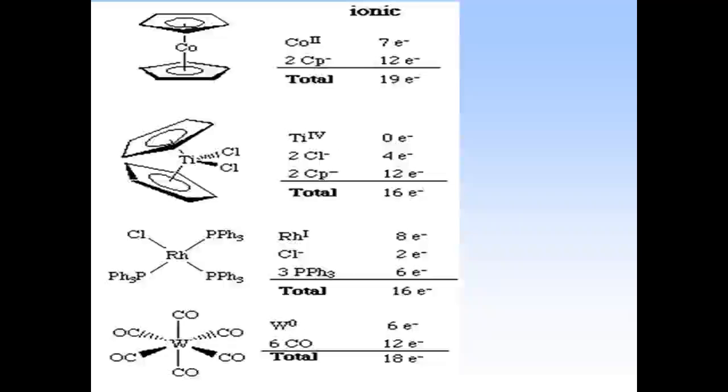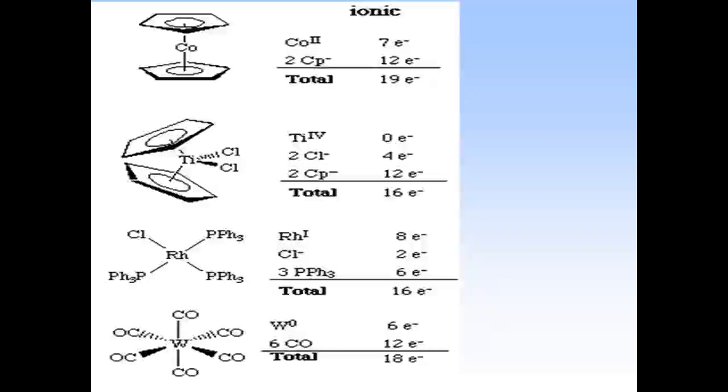Each cyclopentadienyl has a formal charge of -1. 2 cyclopentadienyl, therefore 2 minus, and the cobalt metal occurs as Co2+. Cobalt has 9 valence electrons. Since the charge is now 2 plus, it now has only 7 electrons. So the total is now 19 electrons.